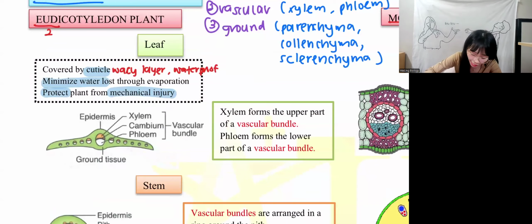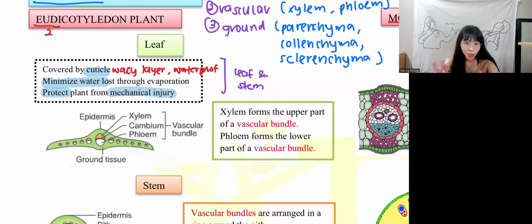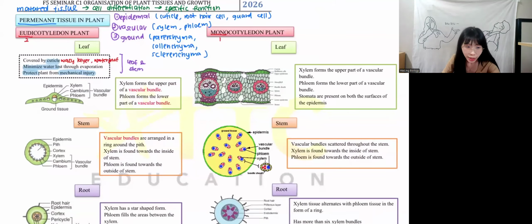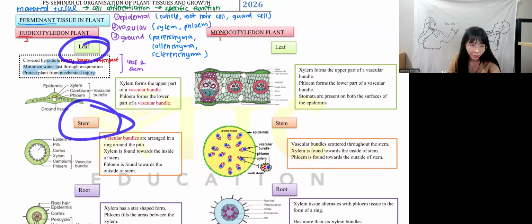These characteristics can only be used in the leaf and stem. Cannot be used in the root. If the root epidermis is covered by cuticle, it is unable to absorb water. So the root epidermis doesn't have any cuticle. There's no cuticle at the root. It's only the leaf and also the stem.